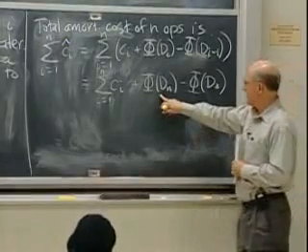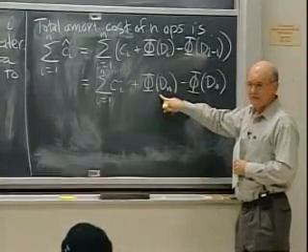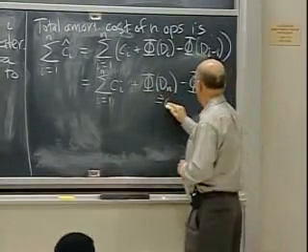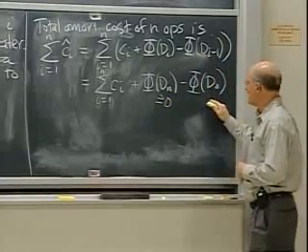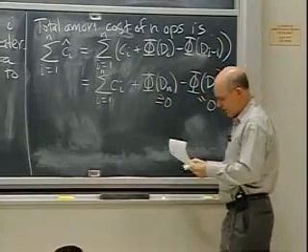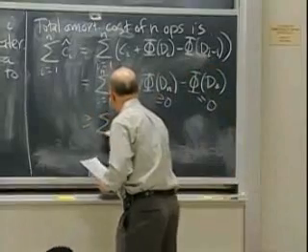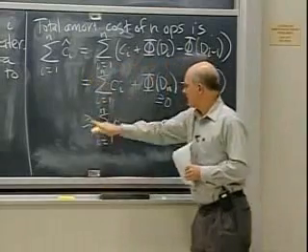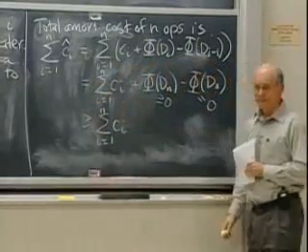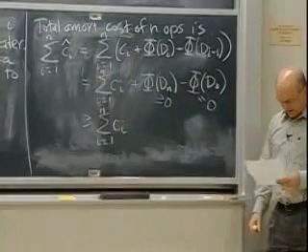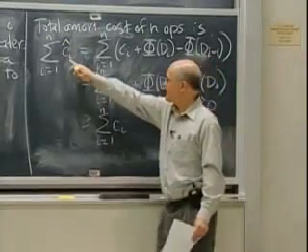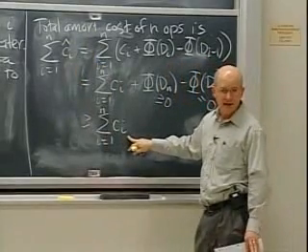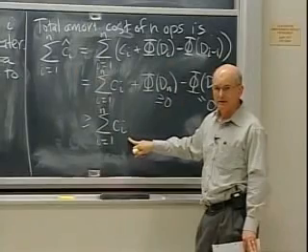Okay, so this term is what? What property do we know of this? It's greater than or equal to 0. And this one equals 0. So therefore, this is greater than or equal to the sum of Ci. And thus, the amortized costs are an upper bound on the true costs, which is what we want. Sum of the amortized costs is an upper bound on the sum of the true costs.